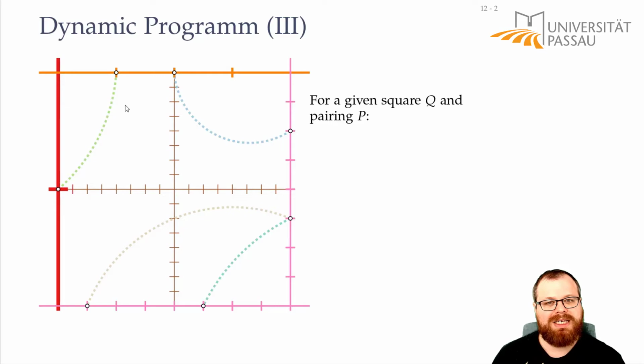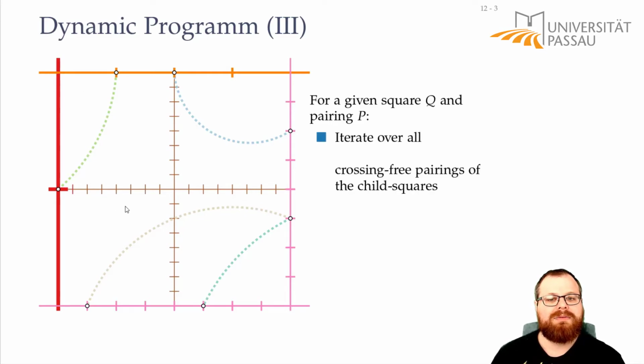How many of these combinations do we have? Well, for each square we have n to the order of 1 over epsilon crossing free pairings in total. So the number of pairings that respect this choice is of course not more, so we have here n to the order of 1 over epsilon.